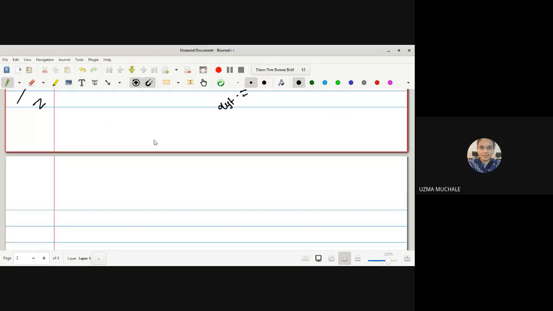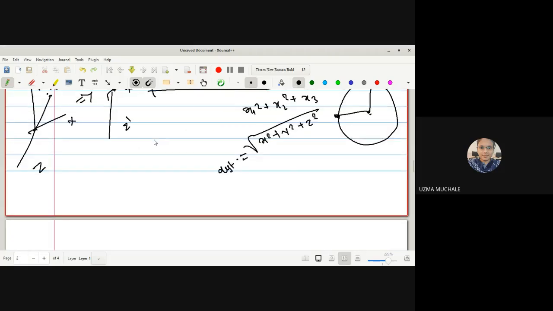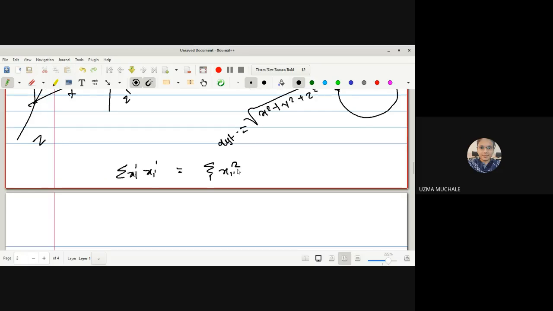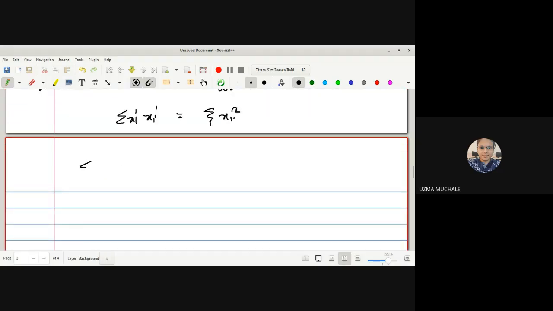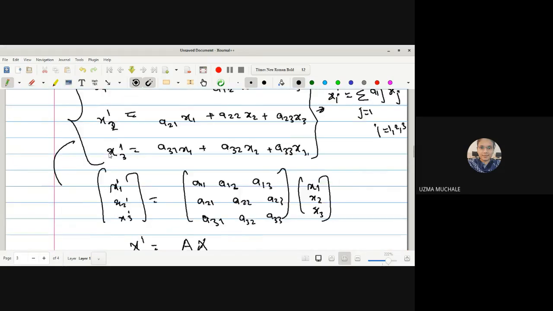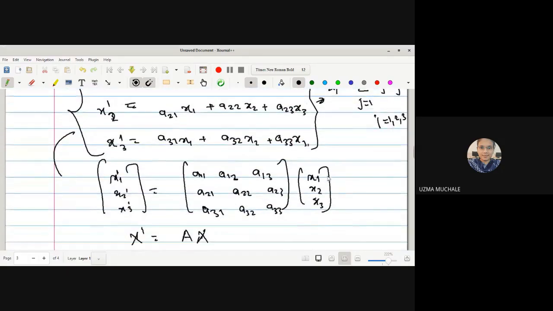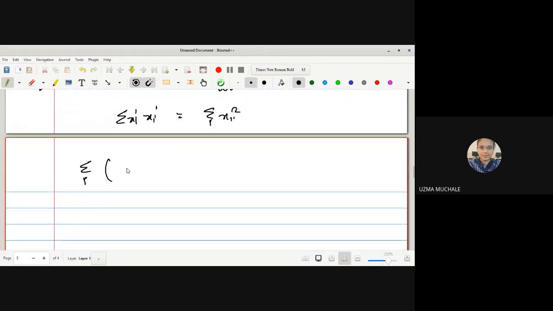Now we have to evaluate this so that we can find the orthogonal transformations. Summation xi dash square is equal to summation xi square. We can write it as summation of xi dash into xi dash is equal to summation over i xi square. What is xi dash? We have written from the equation. These three equations we have combined in one form, which I can write as summation over j aij xj.